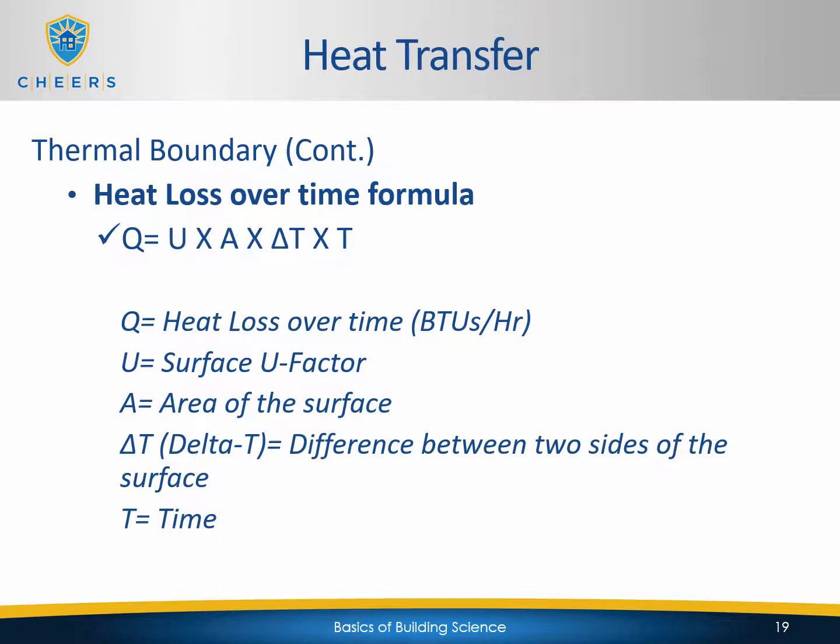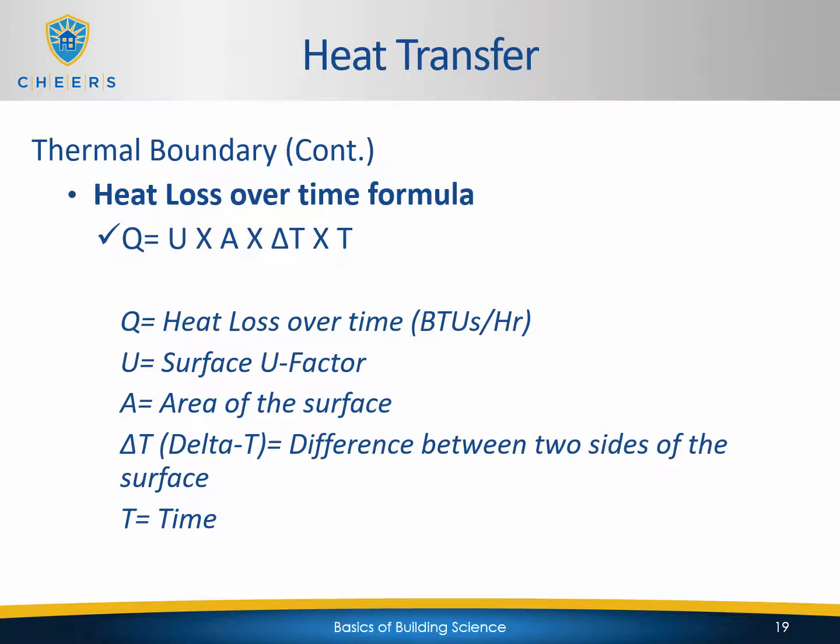The formula is Q equals U, which is the U factor, times A, which is the area of the surface that you're calculating, times delta T. Every time you see a formula that has a little triangle like so, delta T, delta basically means a difference. The difference is between the two sides of the surface.